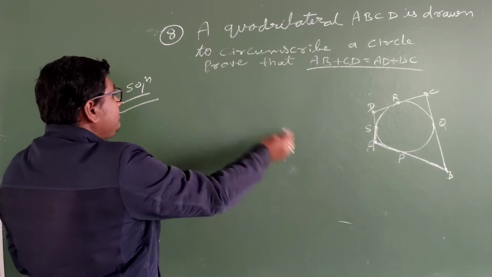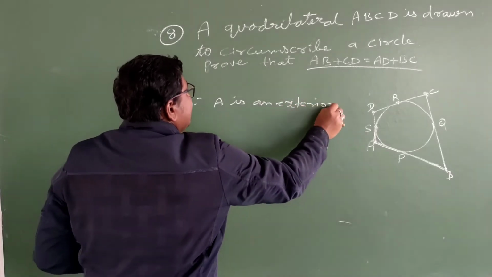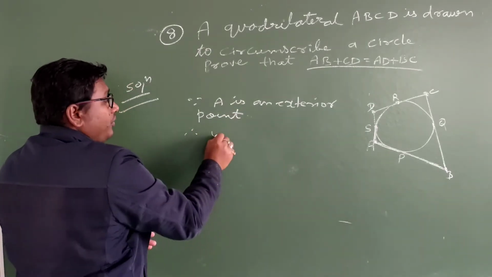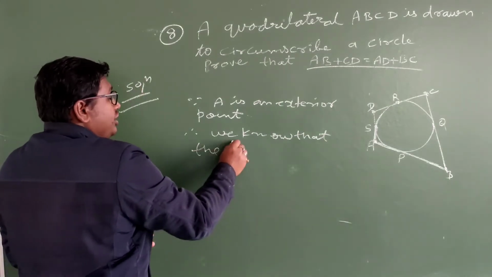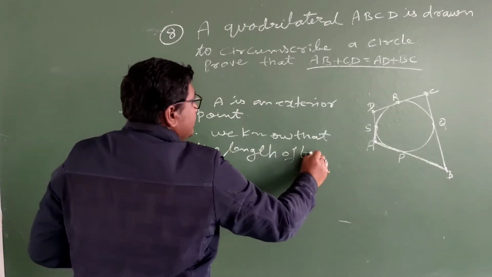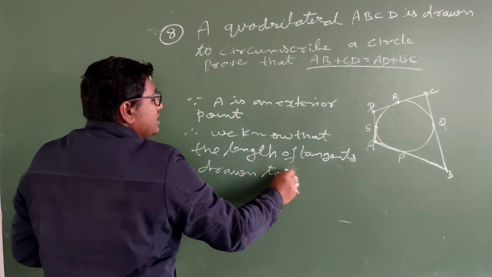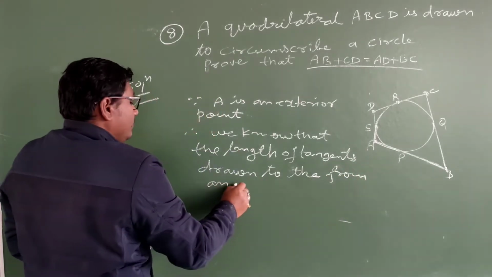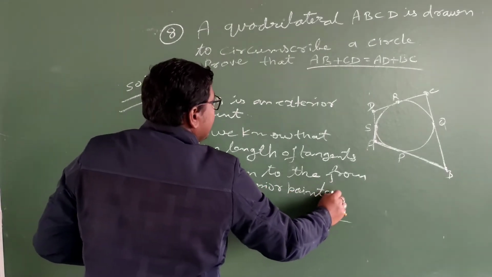So I am going to write here: since A is an exterior point, therefore we know that the lengths of tangents drawn to the circle from an exterior point are equal.